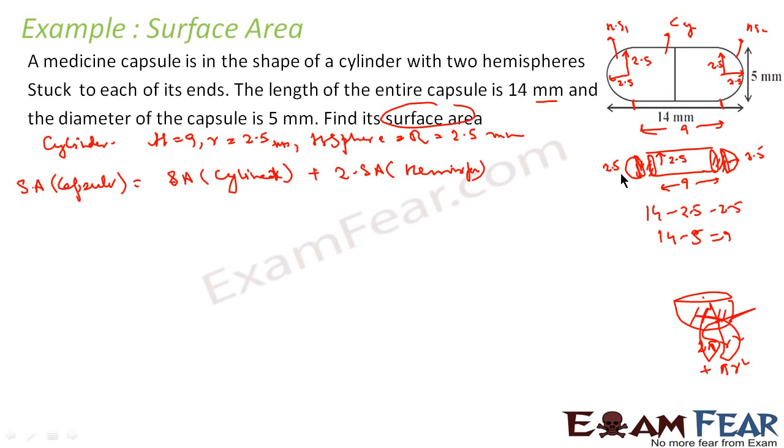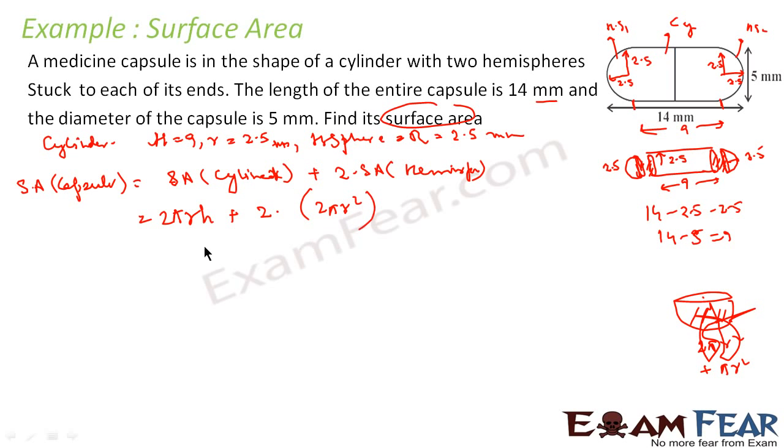I am taking the curved surface area only. The surface area of the cylinder is 2 pi r h, and 2 into the surface area of a hemisphere is 2 into 2 pi r square.